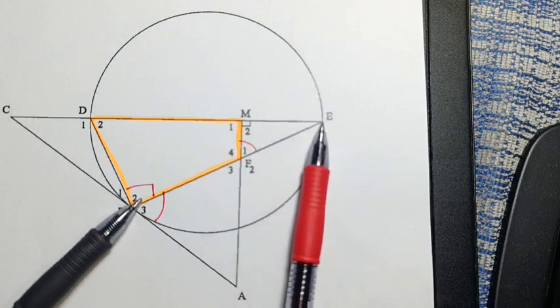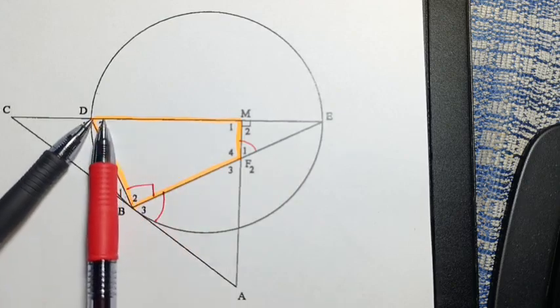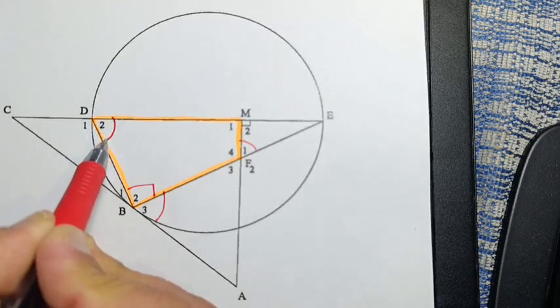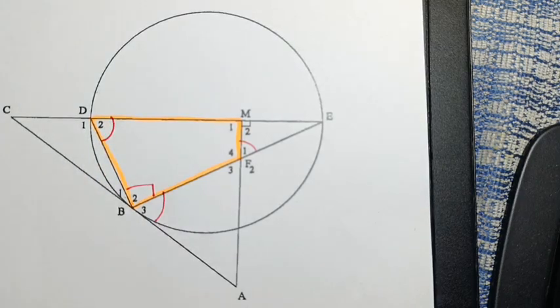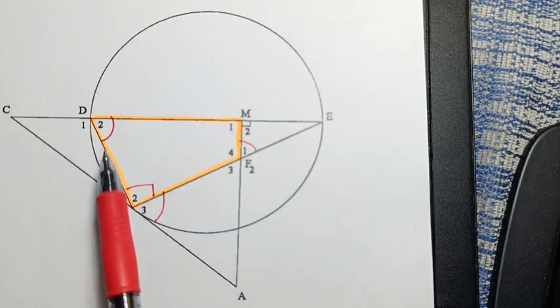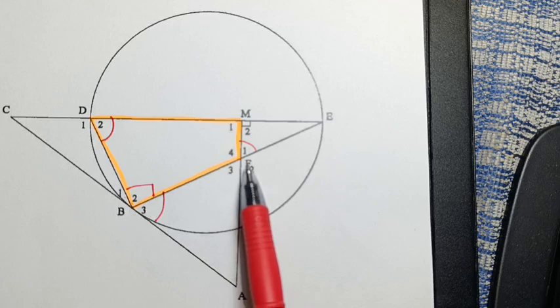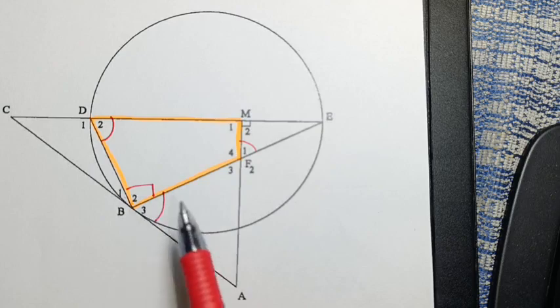Have a look here. Angle B3 is going to be equal to angle D2, tan chord theorem. And then angle D2 is going to be equal to angle F1, exterior angle of a cyclic quad. Therefore we prove angle B3 is equal to angle F1.